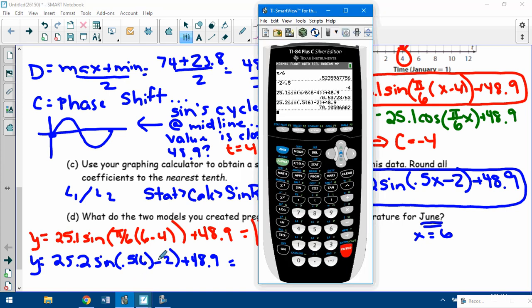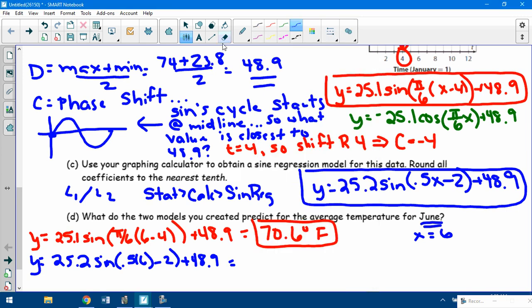Let me check one thing real quick. Stat, calc, all the way down to sine regression. Did I get that totally right? Yeah, it looks too close. That D value should be 48.7. Sorry about that. Making mistakes left and right this morning. So that was really 0.7.